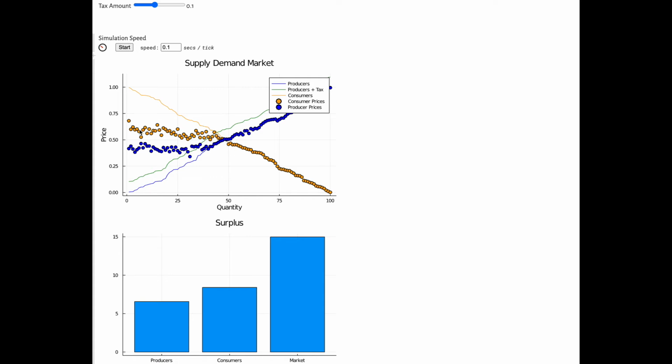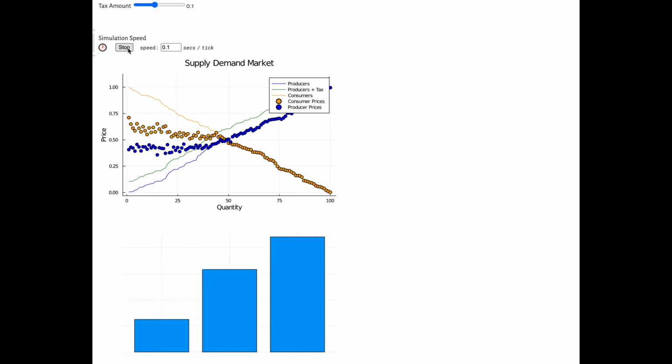So the consumers are actually paying this price, but then every time a producer makes a sale, he has to go and pay a tax. So effectively, this is the actual price that they are receiving. This is called a price wedge, because there's a difference in the price. And this is exactly what microeconomics predicts as well.